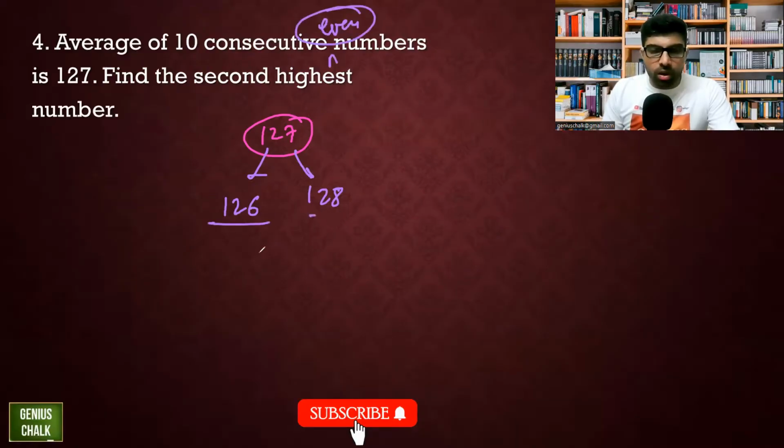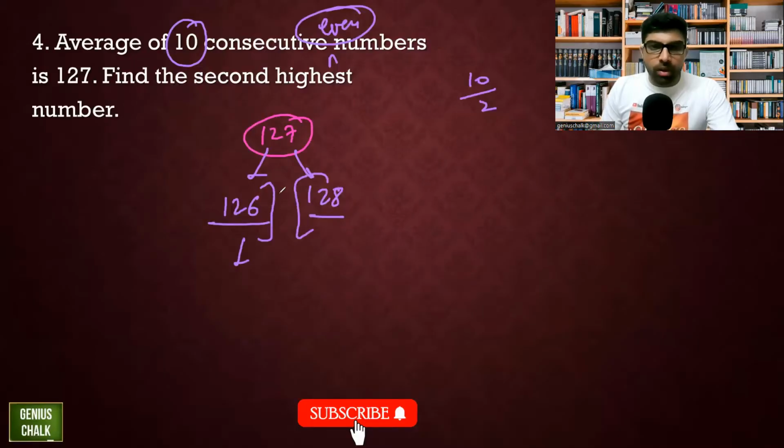So if there are 10 observations, this is 10 by 2, is 5. So you have left 5 here, left 5 here. It is coming between this 5th and this 6th. So there are 1, 2, 3, 4 and here 1, 2, 3, 4. This is the way, right? Total 5 are there. So 4 are left.